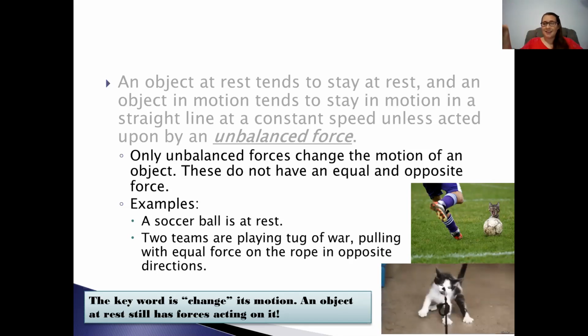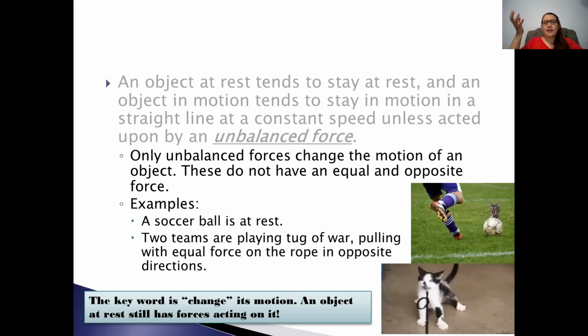So a key thing to keep in mind here then is that an object that is at rest still has forces that are acting on it, right? That soccer ball still has the force of gravity pulling down on it, but it also has the force of the ground holding it up, and those two forces are exactly balanced by each other, right?